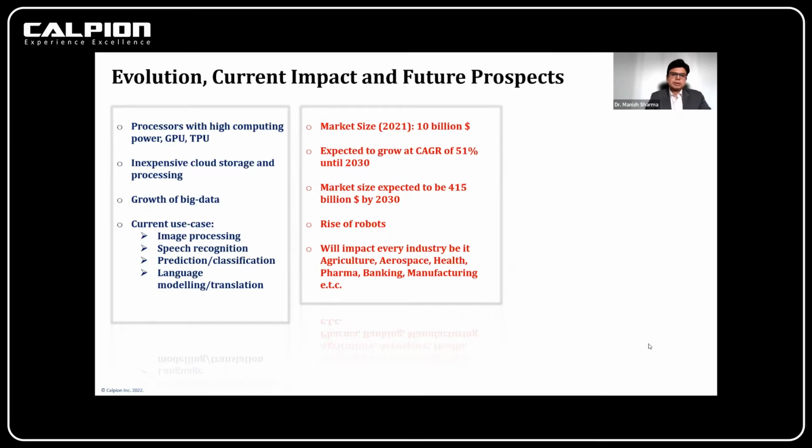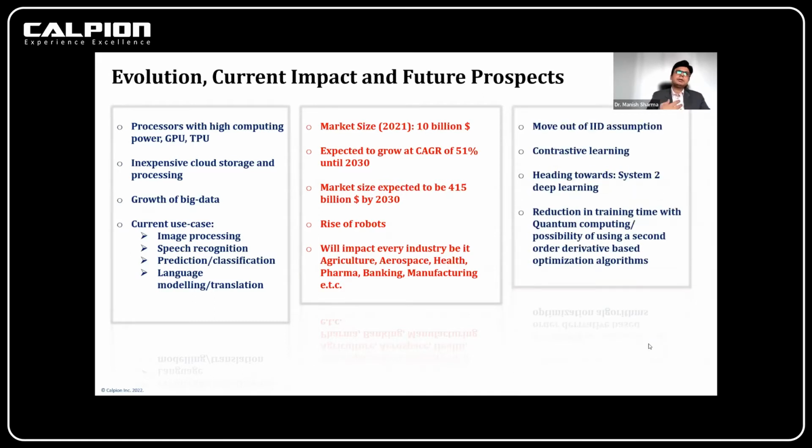Where do we see deep learning going in the future? Like any other technology, this technology has some bottlenecks which need to be improved, and a lot of research is going in that direction. For example, all the models made currently are made under the assumption of independent and identically distributed data.